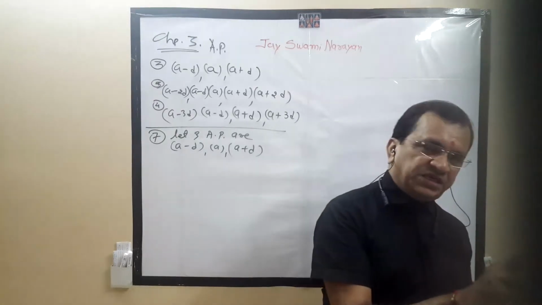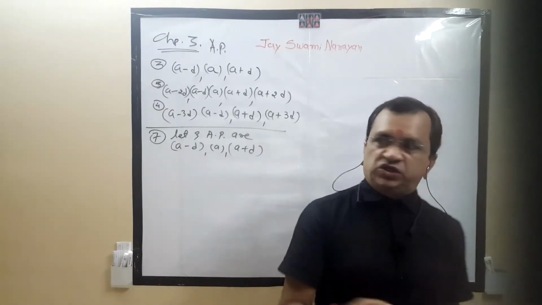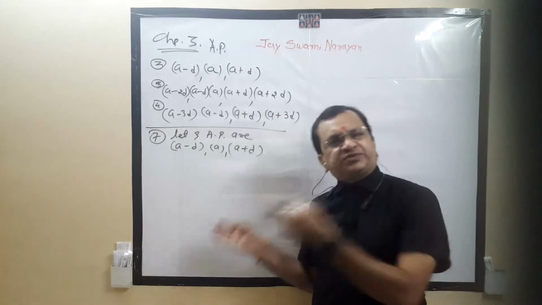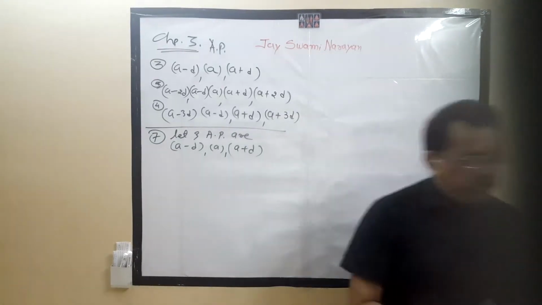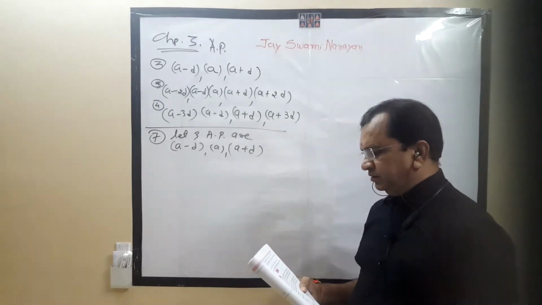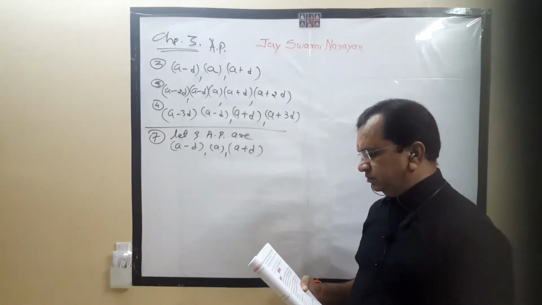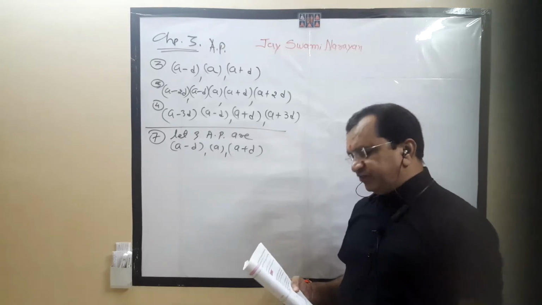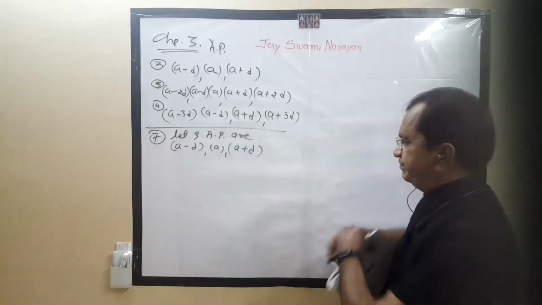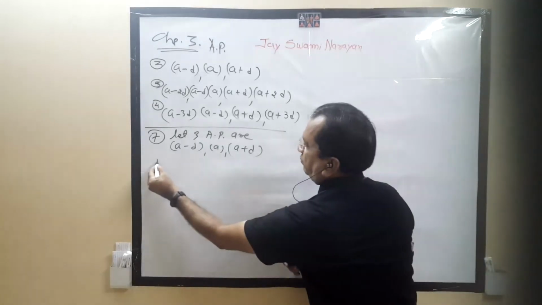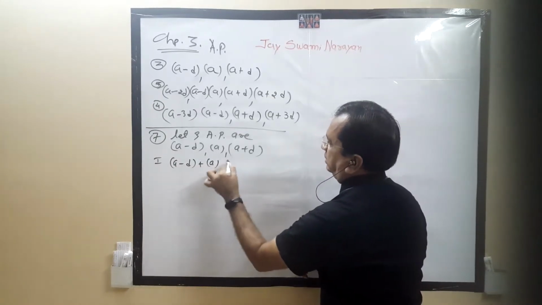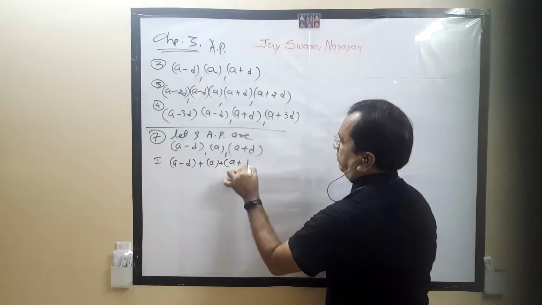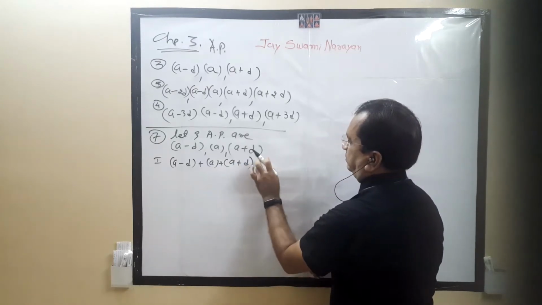As simultaneous equations, when you solve, you will get A and D. Substitute, you will get the 3 numbers. Sum of 3 numbers is 27. Condition number 1: A minus D plus A plus A plus D is 27.